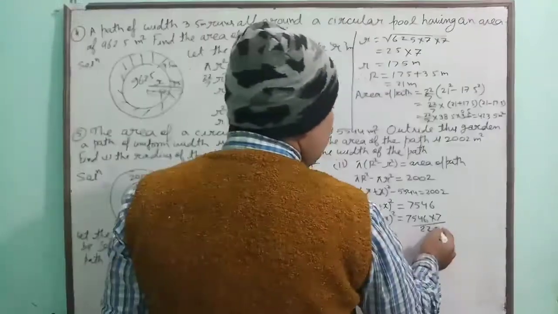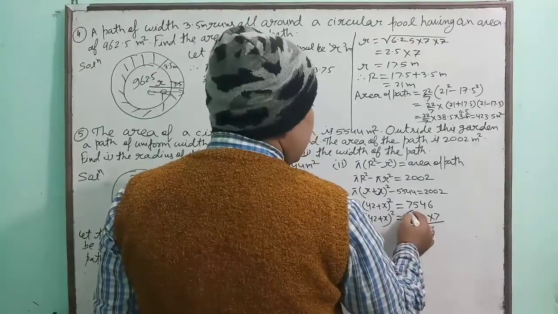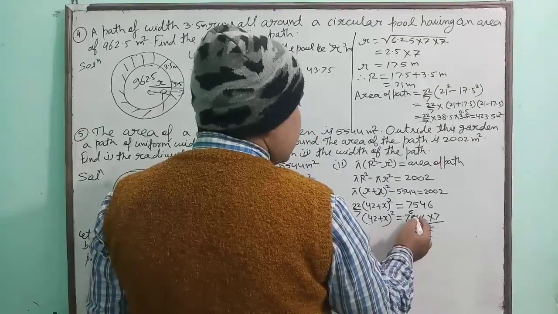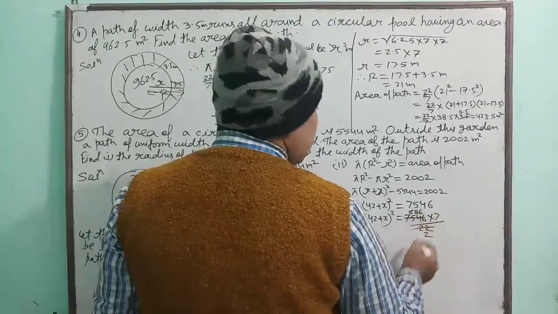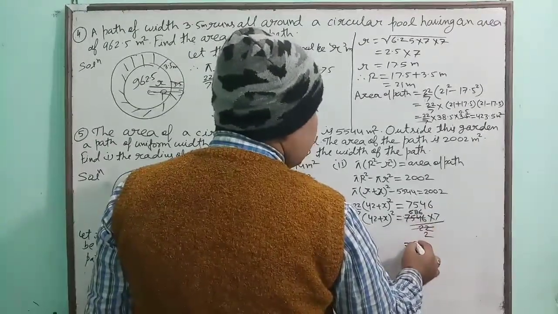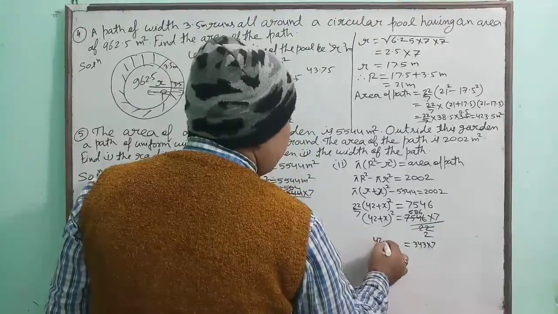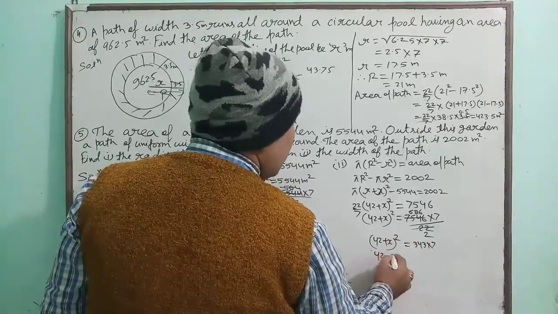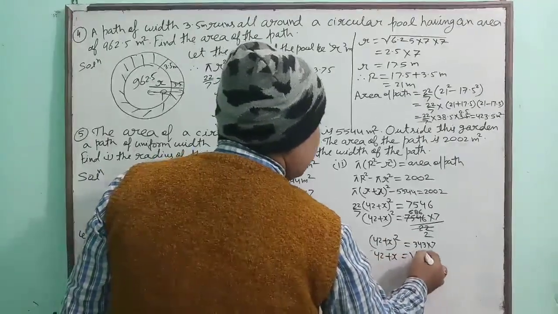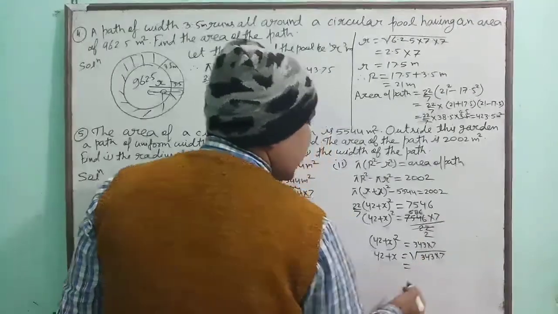Again break this number. 11 dividing 22 by 2 times. 11 6s are 66. 11 8s are 88. And 2 dividing this number by 343. Okay, so 42 plus x will be square root of 343 into 7.